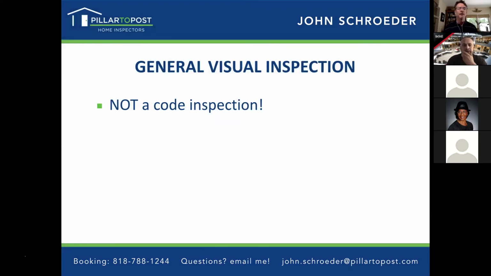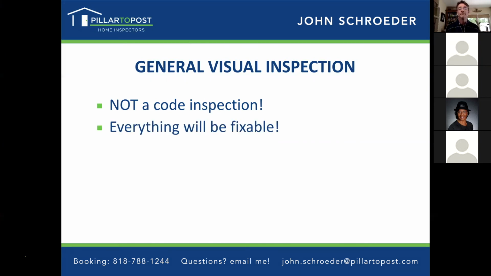Okay. So the general visual inspection is not a code inspection, and the reason is because when a home is built, it's built to whatever the code is at that time. So if it was built in the 50s, it adheres to the code that was present at that time, but it's not required to be upgraded to present day code.